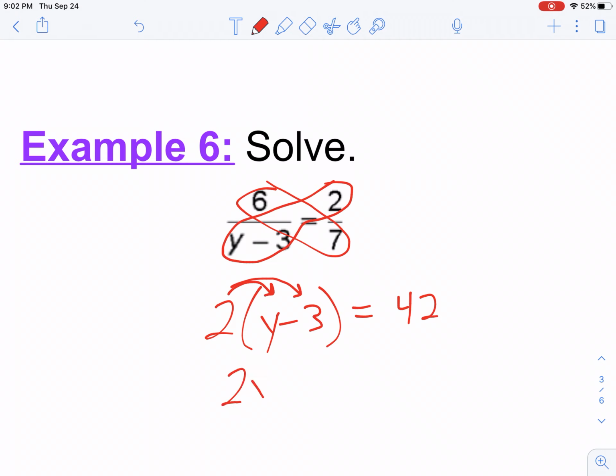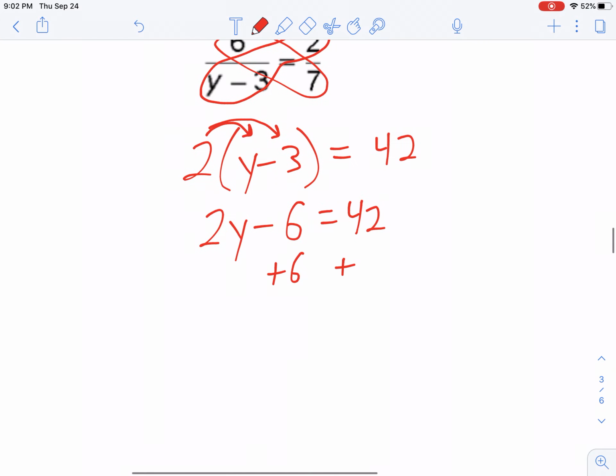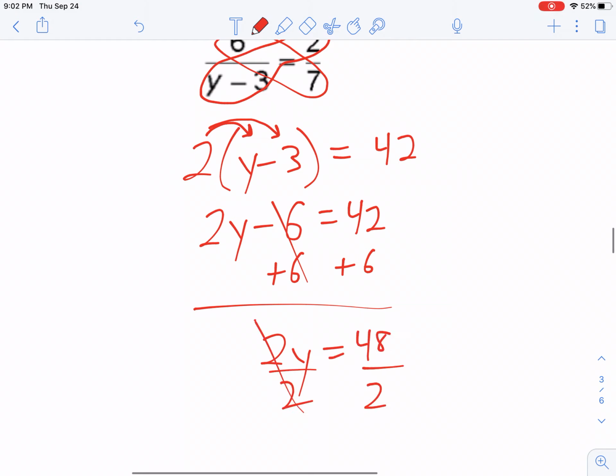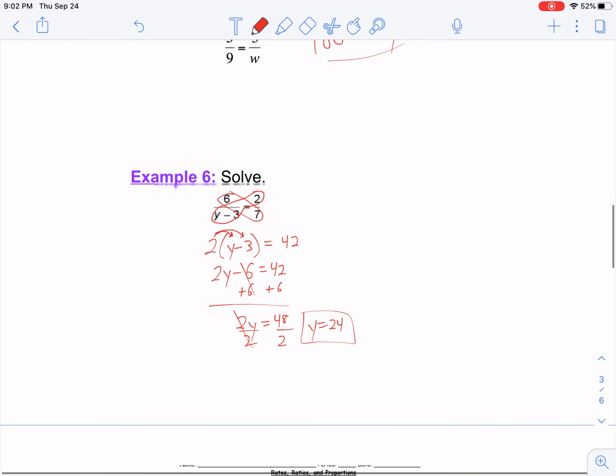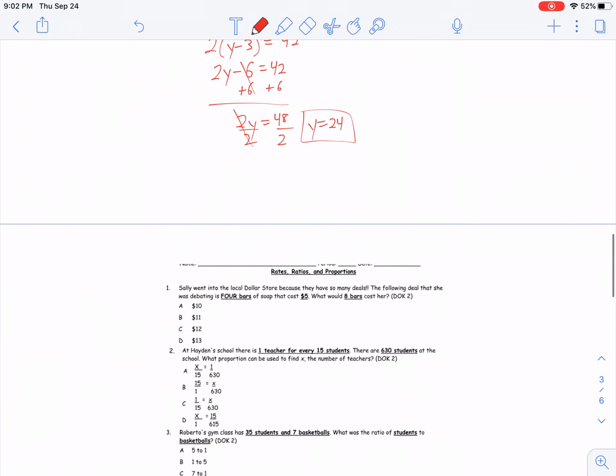You have to distribute the 2 to both of them. Okay, so plus 6, 2y equals 48. Divide, y equals 24. So be careful that if you ever see proportions that have expressions in them, you must distribute.